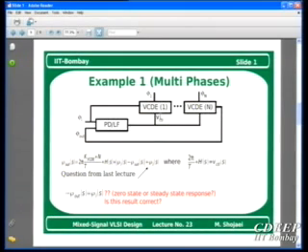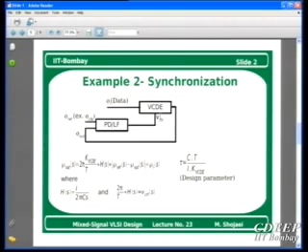But because it is not for multi-phase clock generation, I combined them and show it by one. Here you have some data and a reference clock, and you want to synchronize this data and clock with each other. Assume the data and clock have the same frequency, because if frequencies are different, there will be different stories. Right now we don't want to enter that.